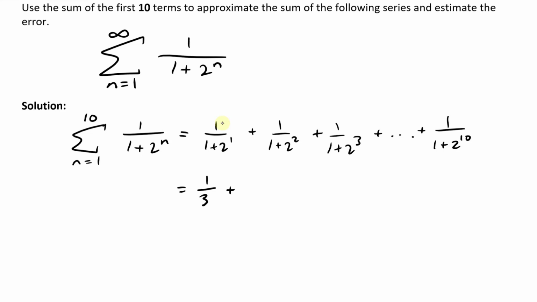This one, 2 squared is 4, plus 1 is 5, so 1 over 5. Plus this one, 2 to the 3 is 8, plus 1 is 9. Plus dot dot dot. This one, in fact, is going to be 10 to the 4 plus 1, so 10 to 5. And I'll do some calculation checks soon.